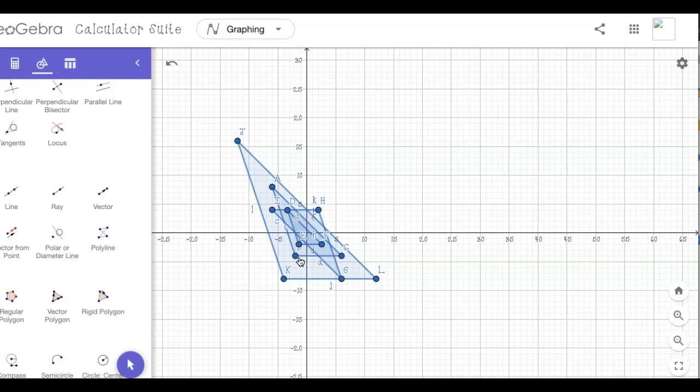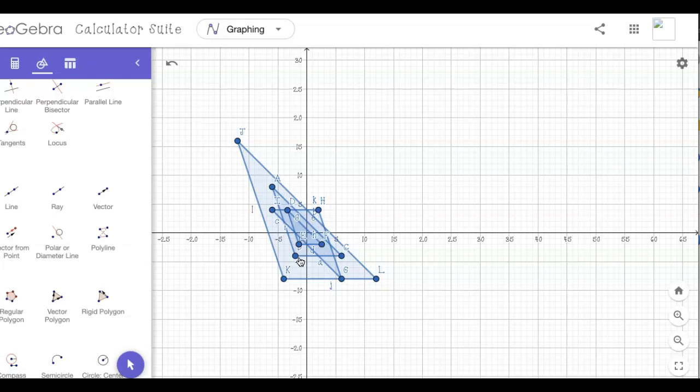So all those things happened. I had the kids reflect on what relationships they noticed through all of those different dilations. When I multiplied by a half, my image got smaller, and my side lengths got shorter, but my angles remained the same. When I multiplied by 1, everything stayed the same, even the position.